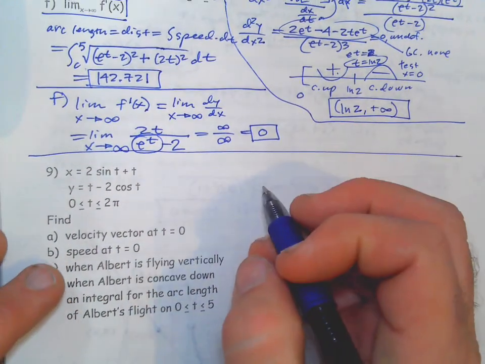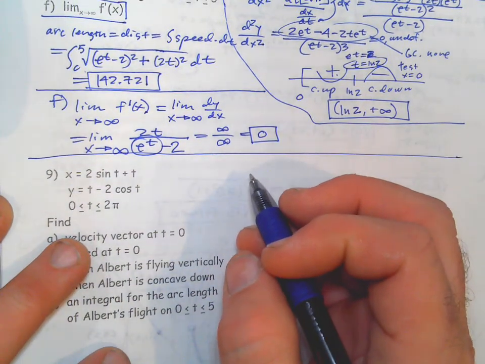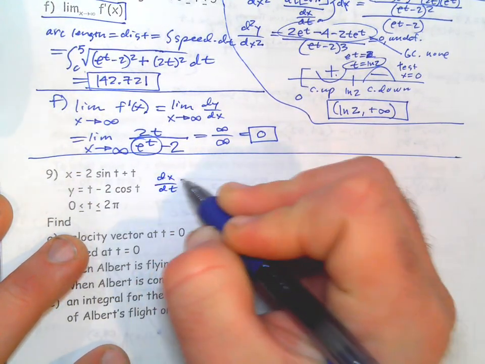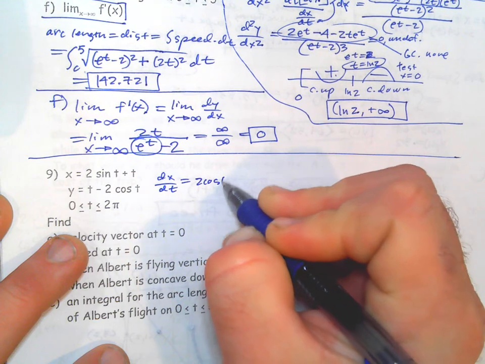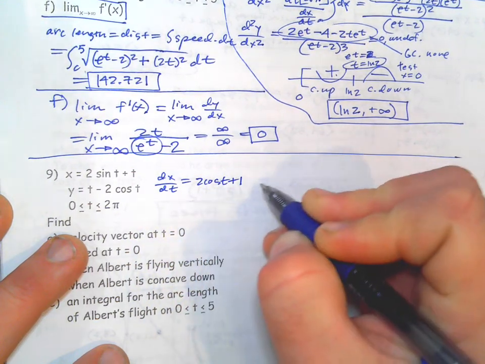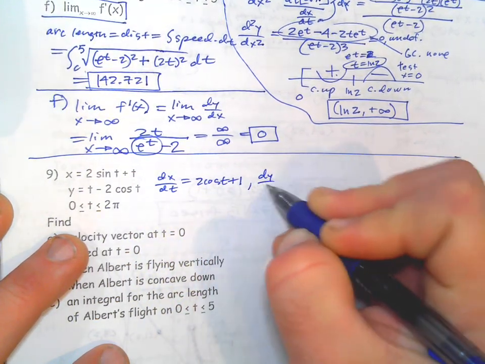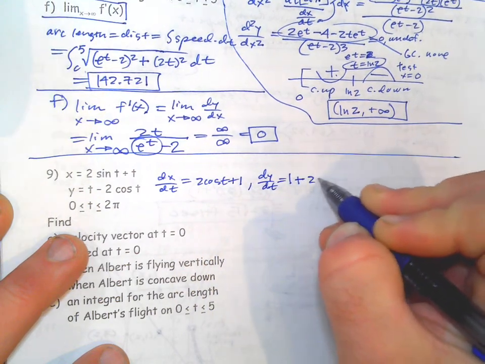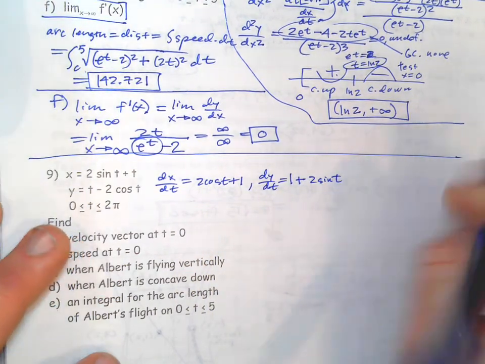So again, we could do dx dt equals 2 cosine t plus 1, and then dy dt equals 1 plus 2 sine t.